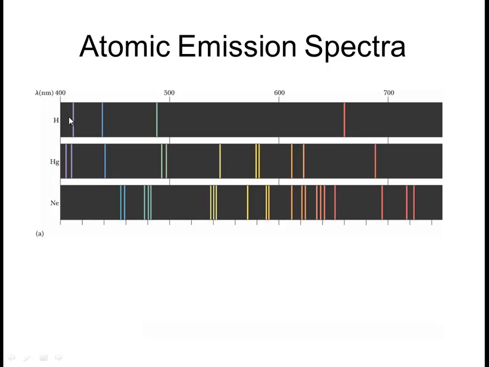And you can imagine this is a really powerful tool in terms of analyzing samples. Like if you get a chemical sample from somewhere, and you want to analyze what elements are in it, this is one type of spectroscopy that would allow you to uniquely identify the different elements in that sample.